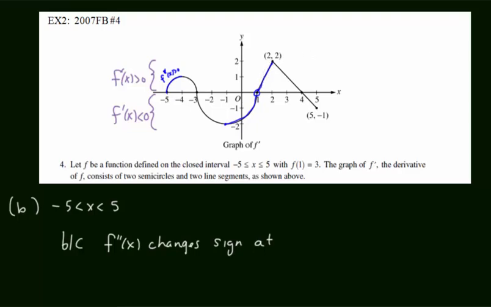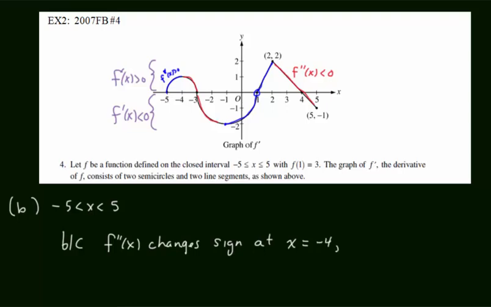The places where f double prime is negative occur here, perhaps a corner there, here, and here. Again, that's f double prime of x, the derivative of the derivative. And we have to see where f double prime changes sign. That occurs at x equals -4.